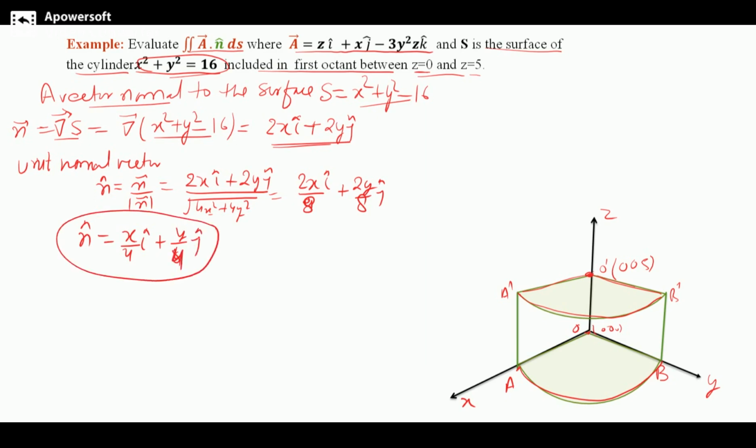So this is the unit normal vector for the cylindrical surface, the unit vector which is perpendicular to that surface.